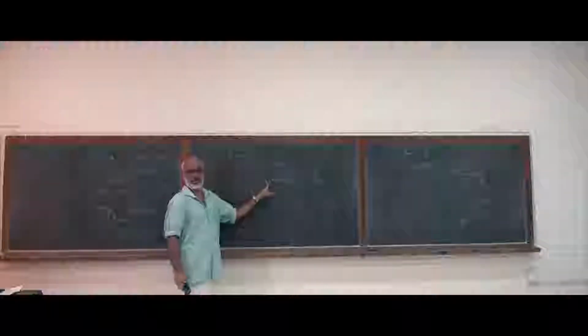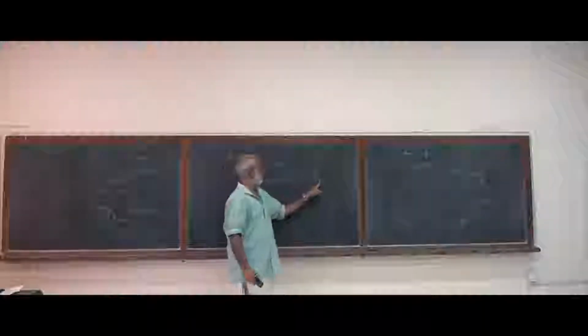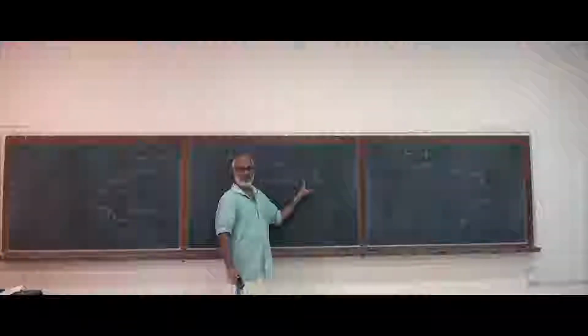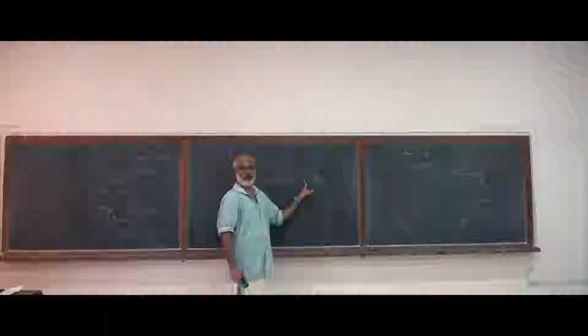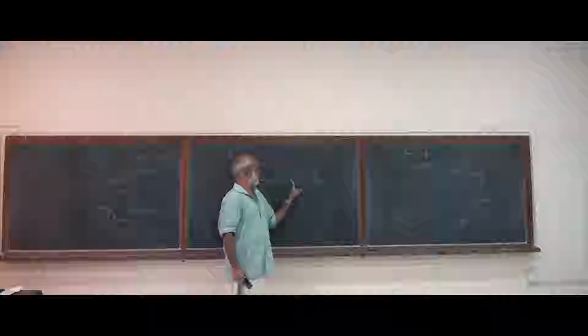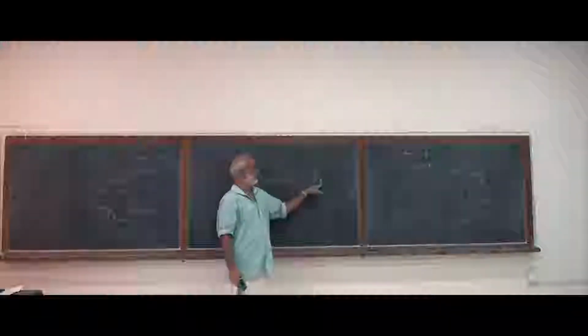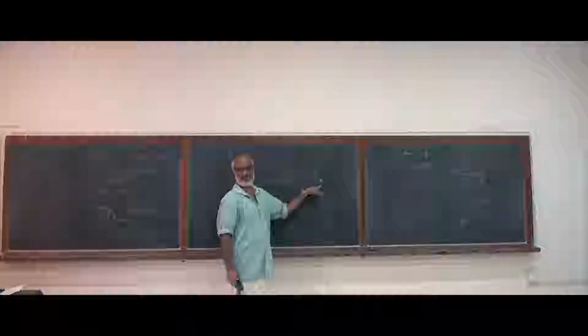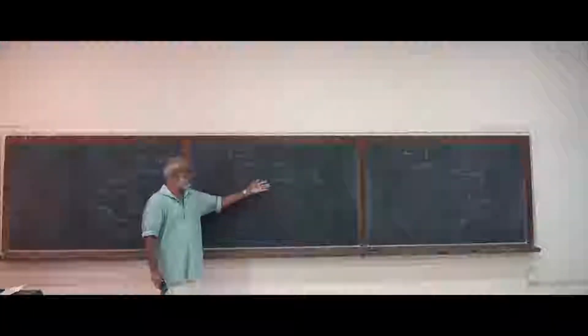Or you could take an element of A, apply f, then you apply to that element f inverse, you will go back. So f composition f inverse is the identity on B, whereas f inverse composition f is the identity on A.